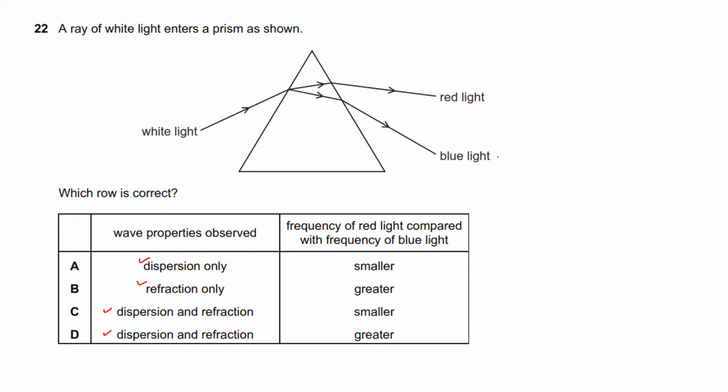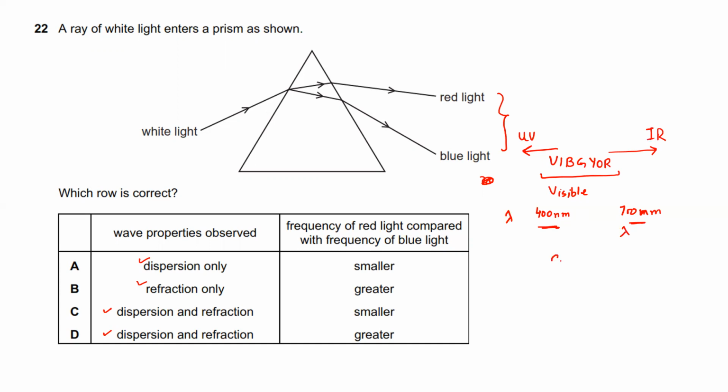Okay. Then remember these light colors: VIBGYOR spectrum. This spectrum lies in the visible light, which is somewhere between 400 nanometers to 700 nanometers. This is infrared and this is ultraviolet. So ultraviolet has generally higher frequency.